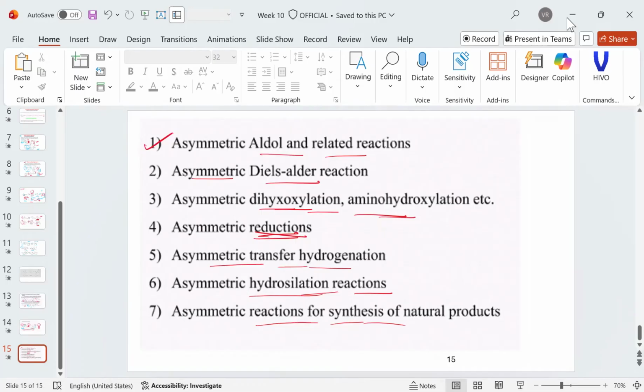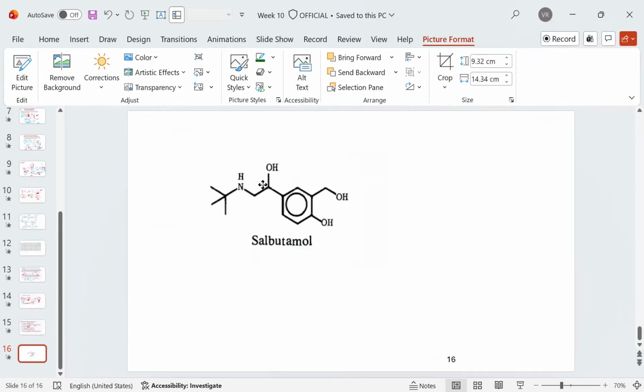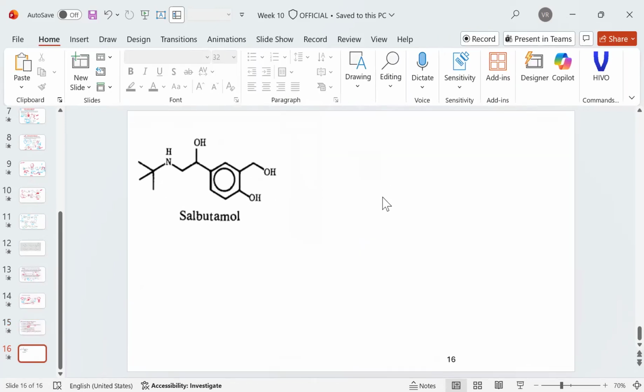I will give you some problems here, so you can work on them. Maybe you can play with the retrosynthesis for these molecules. This is the one. You can do the retrosynthesis for this molecule.